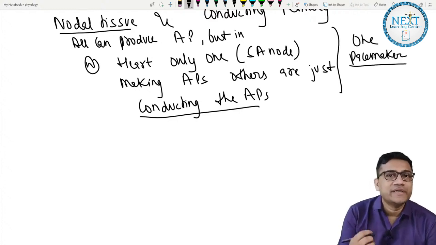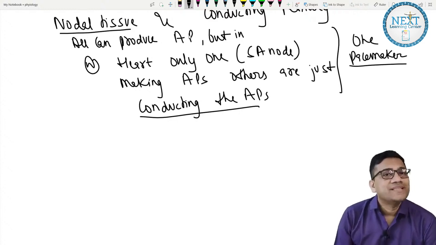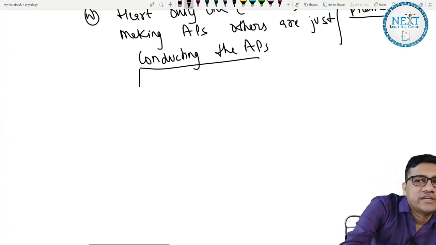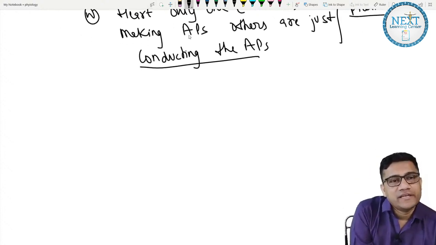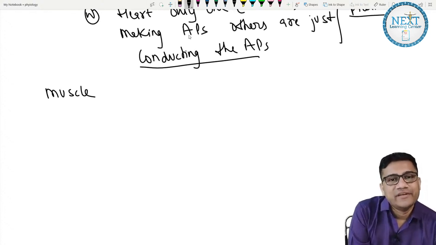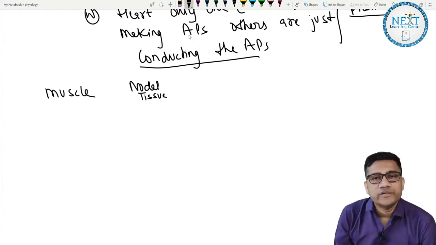Now who is this pacemaker? Why does it become the pacemaker? It depends on the rate of impulse genesis. So please write like this. Right here the muscle, then here the nodal tissue.